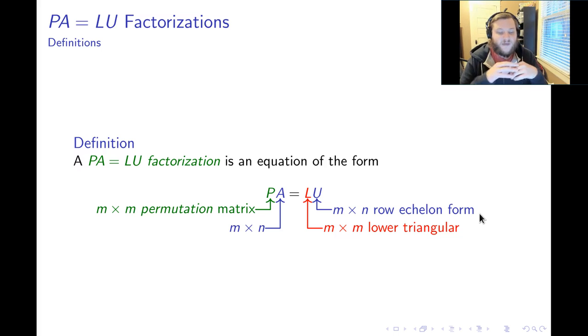So PA equals LU is a bit more sophisticated than EA equals R in the sense that it involves more ingredients. And what we end up doing is reducing A not all the way to reduced row echelon form, just to non-reduced row echelon form.